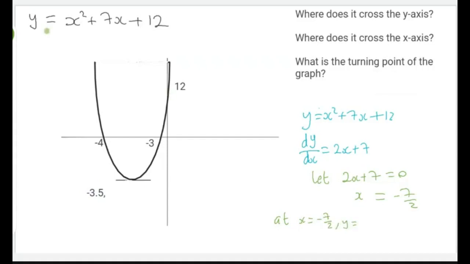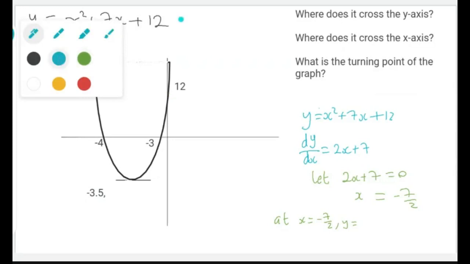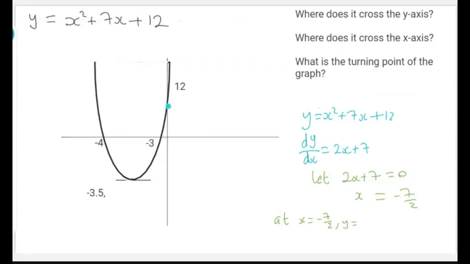Whilst you're doing that, I'm just going to make a quick note for how you worked out the x-intercept. So the y-intercept is 12. That's subbing in x equals 0. For the x-intercept, you let 0 equal x squared plus 7x plus 12. Work out the x-intercept.